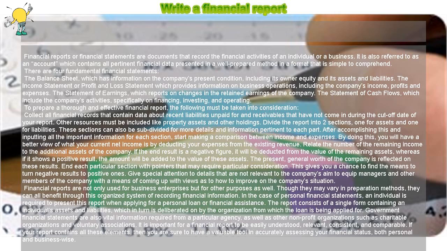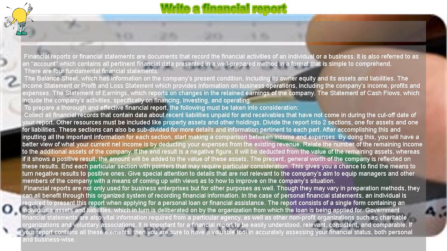To prepare a thorough and effective financial report, the following must be taken into consideration: collect all financial records that contain data about recent liabilities unpaid for and receivables that have not come in during the cut-off date of your report.